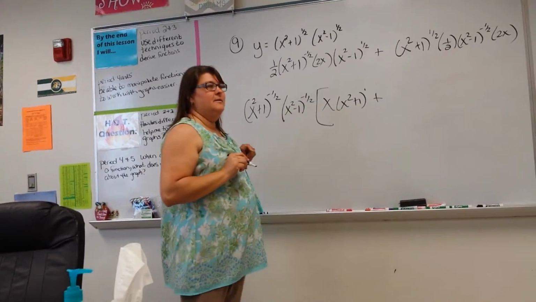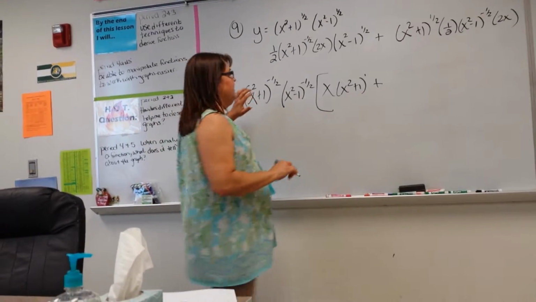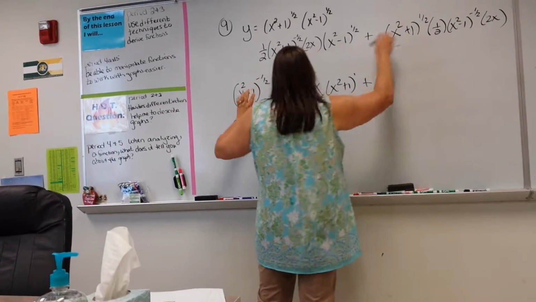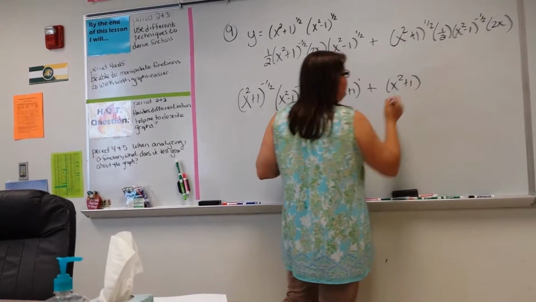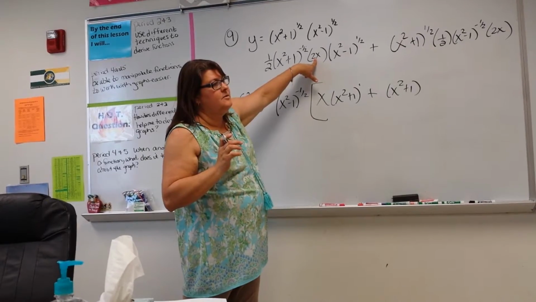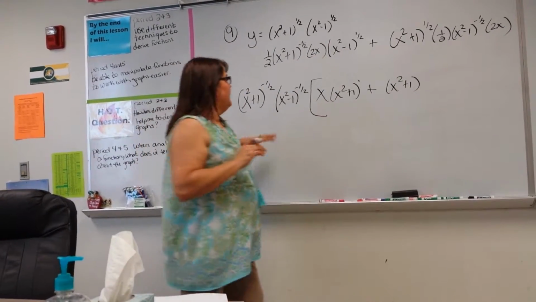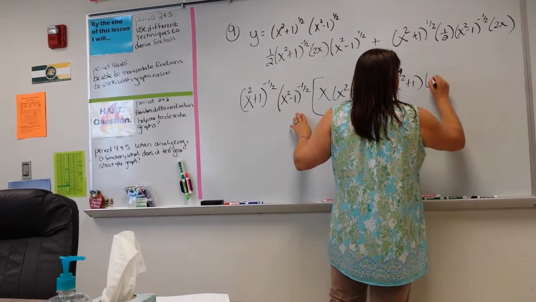Are we good so far? Now, same concept on the other side, because I've factored out the negative, it's 1/2 minus negative 1/2. So it's x squared plus 1 to the first. Where did that first x come from? In the brackets, 1/2 times 2x. Gotcha. And so this guy's gone, and these two guys become x.